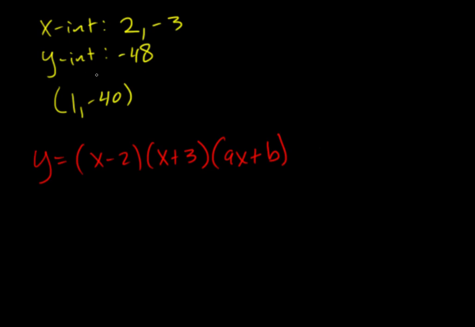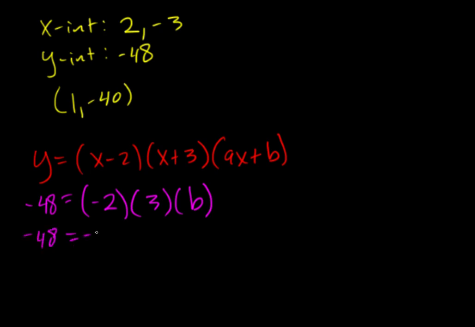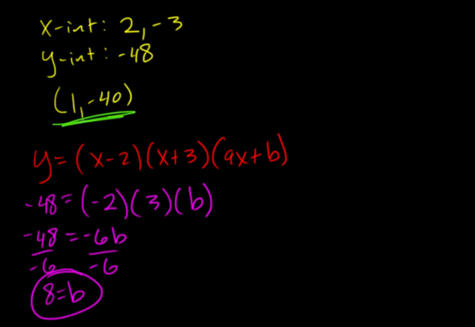Now, we also know the y-intercept, so if we plug in a 0 for x, we know that y is equal to negative 48. And that can give us our b value if we do that. So we have negative 48 equals negative 6b. Divide by negative 6, divide by negative 6. We end up with 8 is equal to b. Okay. Now, we also have this point, so if we plug in a 1 for x, we know that y is negative 40.